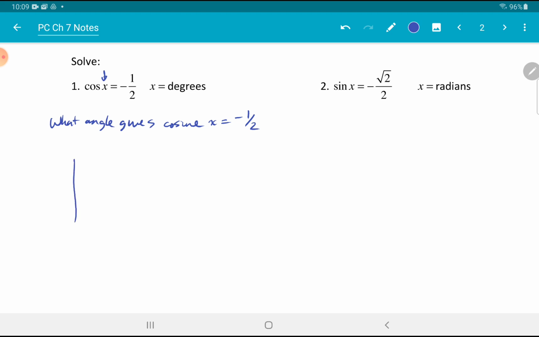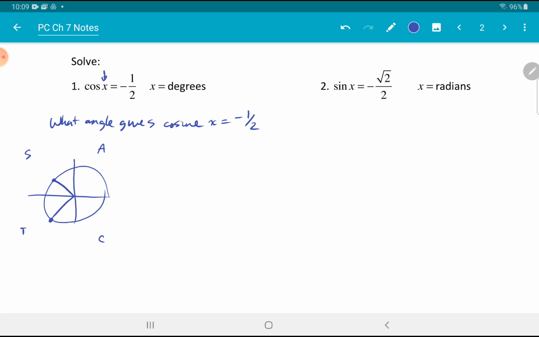If you think about this on the unit circle, the time that you get a cosine to be negative, if you recall, we have the mnemonic ASTC. Cosine would give us negative in quadrant 2 and also quadrant 3. So we're looking at some measurements that give us values in quadrant 2 and quadrant 3.